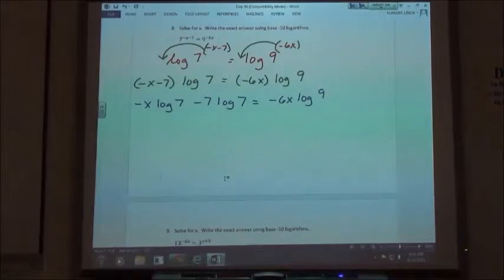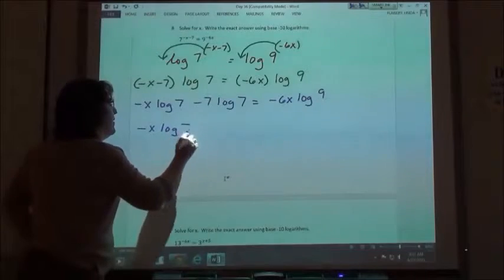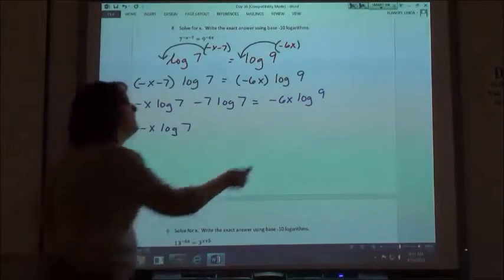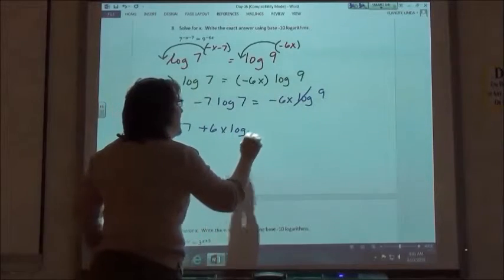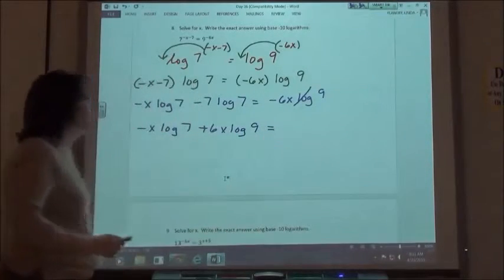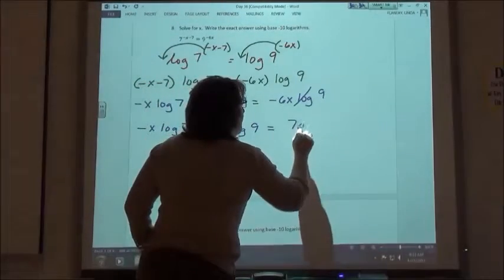Exactly. And then we are going to go negative x log 7 plus 6x log 9 equals 7 log 7.